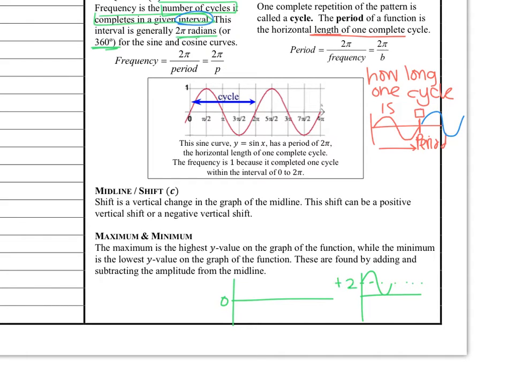Maybe this was a +2 on the end. The maximum and minimum are related to that midline. So the midline is the shift vertically. The maximum and the minimum are the highest and lowest values. Maximum is the highest, minimum is the lowest, of course. And they're found just by adding and subtracting the amplitude from the midline. I know I just threw a ton of information at you, but we'll come back to this as we get to sketching. You'll see how all these pieces come into play.